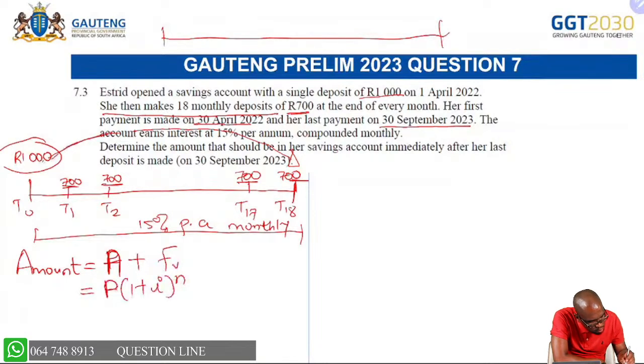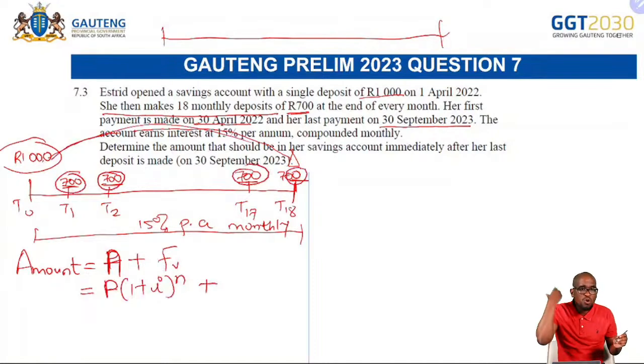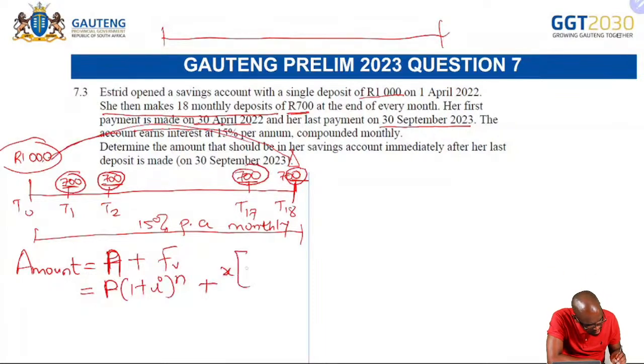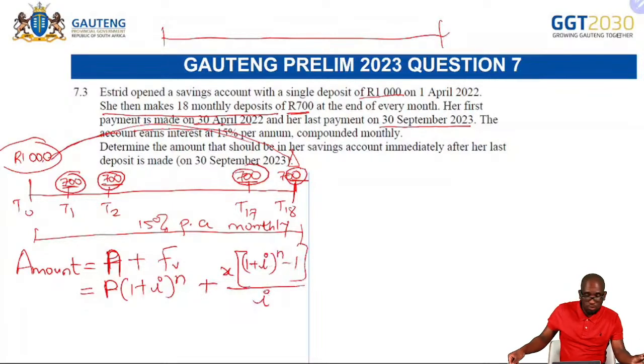That's how I'm going to grow this 1000, plus these 700s here. They grow using future value annuity, which means I'll have x[(1 + i)^n − 1]/i. That would be the formula that I would be using there to work that one out.